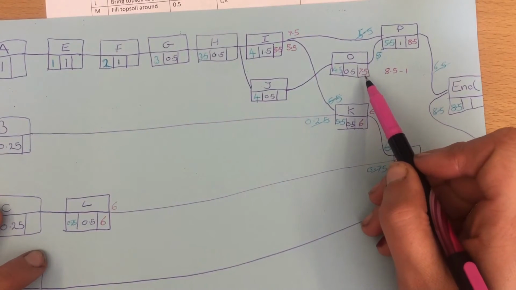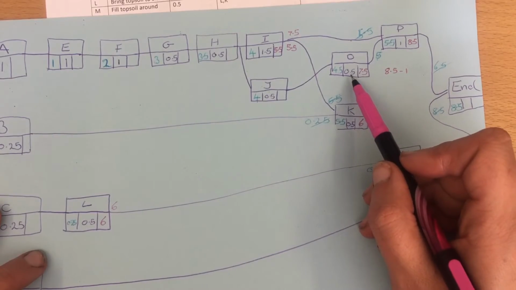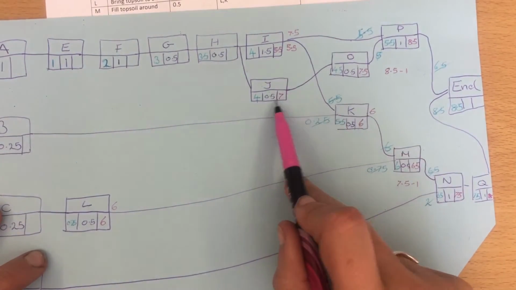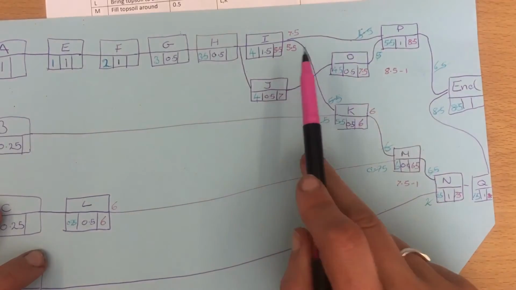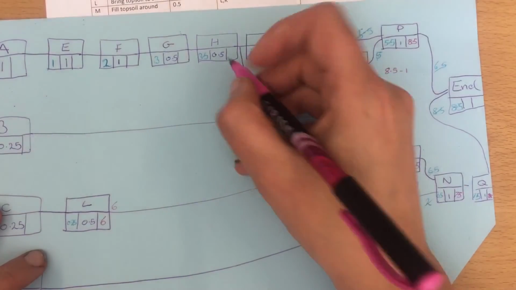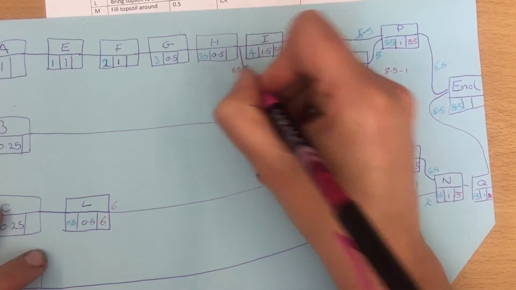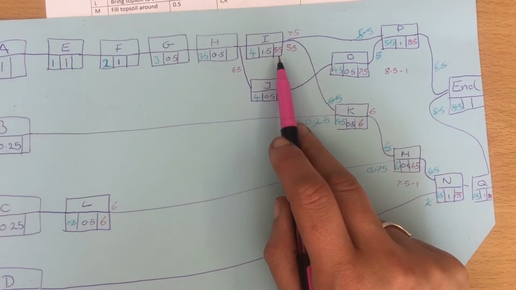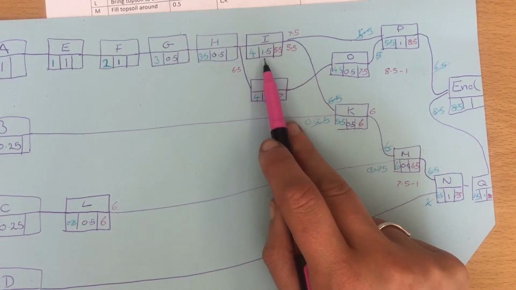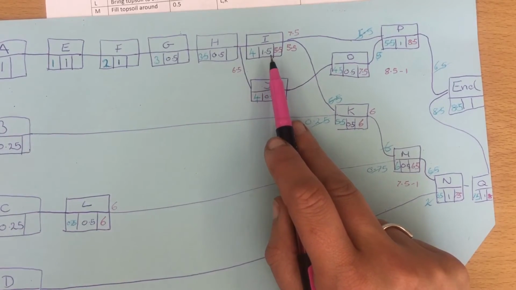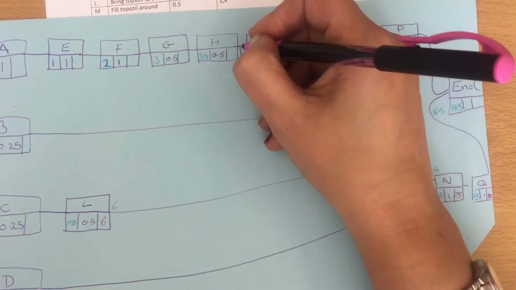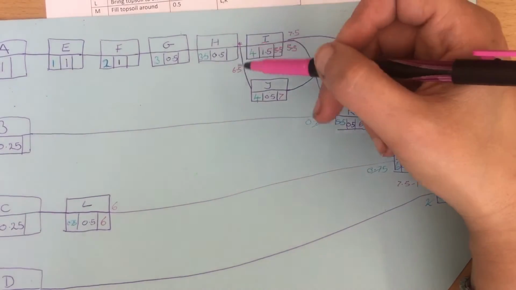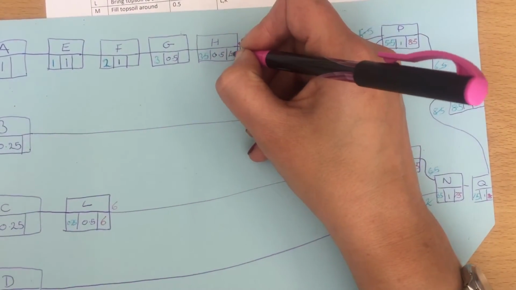So 7.5 take 0.5 is 7. So coming in here, we have 7 take 0.5. So we've got a deadline coming in at 6.5. But we've also got a deadline of 5.5 take away 1.5, which is 4. So we've got a deadline coming in here of 4, and 4 is smaller than 6.5.